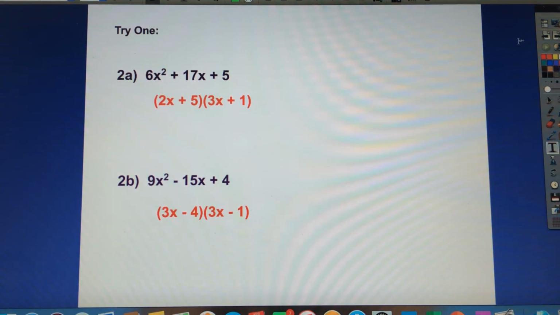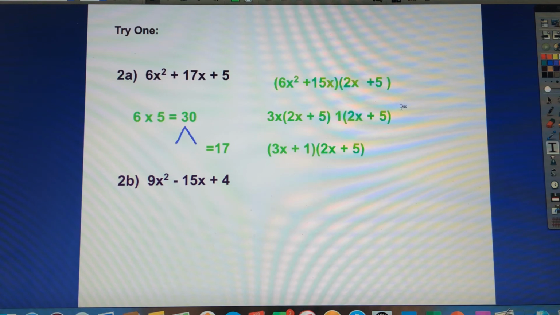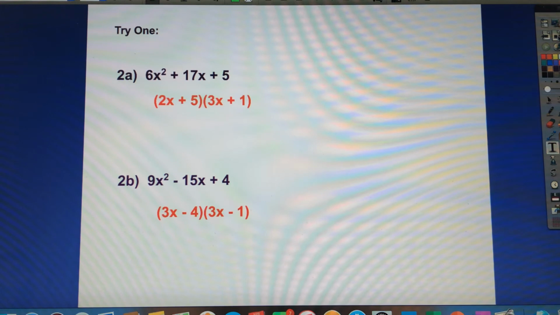That was determined on whether or not I did 15 and 2, or 2 and 15. That's the only thing that made my difference. I still get the same values. So 2b, 3x minus 4 times 3x minus 1. I'm going to stop the tape here in the middle, and then I'll go on to 7-4b as my next video. Please go back and practice.